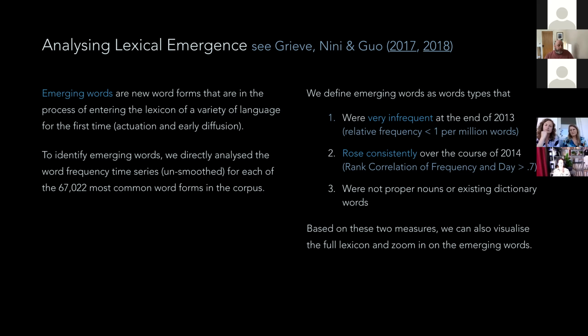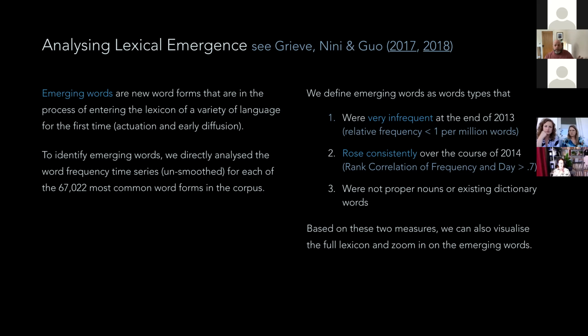To identify these emerging words, we once again directly analyzed each of those word frequency time series, the unsmoothed versions here, although I don't think it would make much difference. And in fact, it might be good to work with the smooth ones in hindsight. So we took these 67,000 most common words, and then we pulled out the words that met these criteria. One, we wanted to find words that were really infrequent at the end of 2013, right?